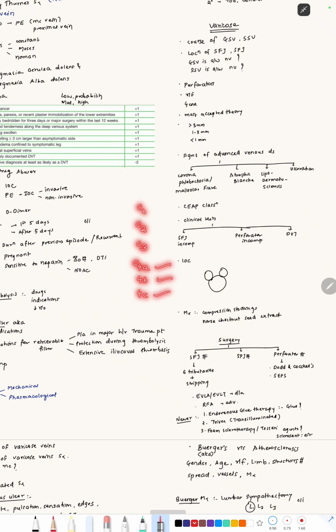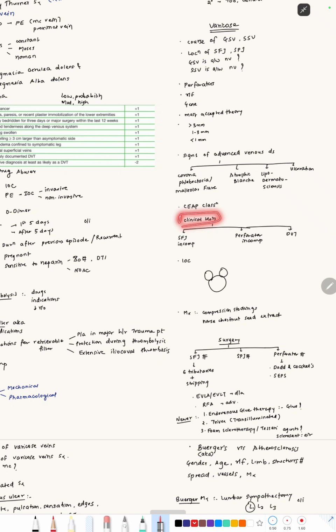C4C is corona phlebectatica. C5 is a healed ulcer, and C6 is an active venous ulcer. Then etiological classification: either primary etiology or secondary etiology. Anatomical classification: either AS, superficial veins, AD, deep veins, or AP, perforators are getting involved. And the pathological classification can be PR, reflux, PO, obstruction, or PRO, both reflux and obstruction present.